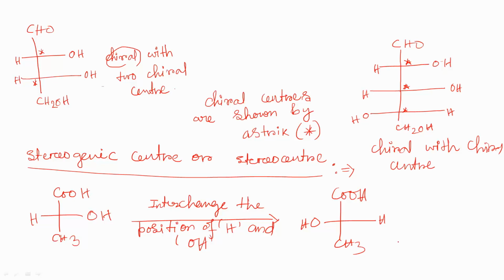So this is the new stereoisomer. This is structure 1 and structure 2. These two structures, first and second, are enantiomers. Hence the stereo center is a chiral center.